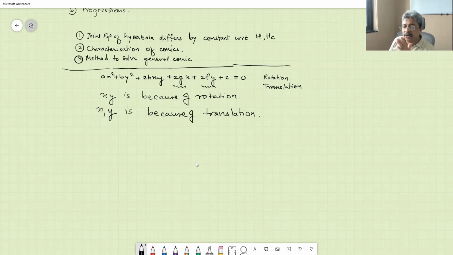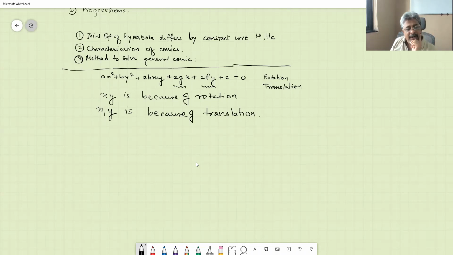If we shift the origin keeping the axes parallel to the x-axis and y-axis, we can always get rid of the linear expressions in the general degree 2. And by rotation, you can always get rid of the xy term.